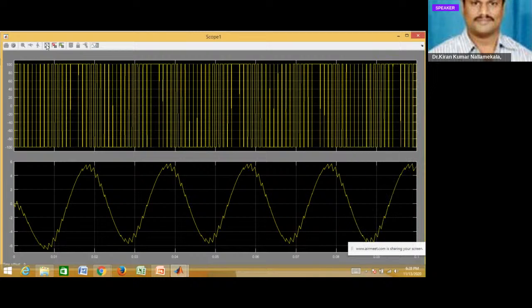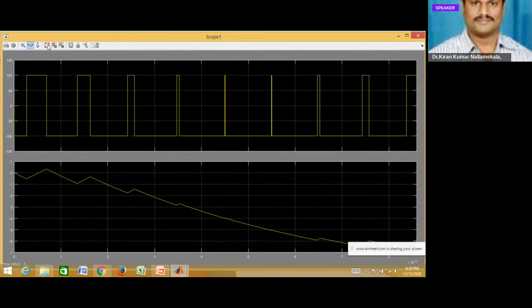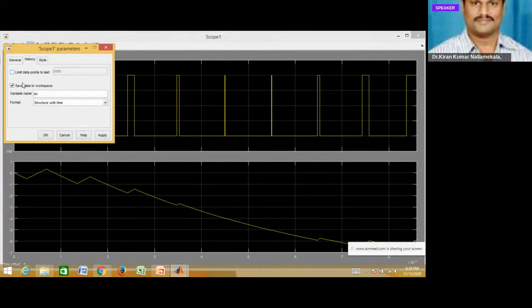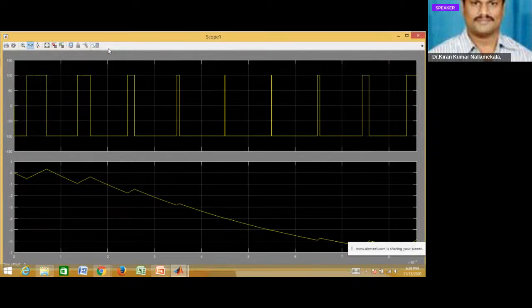This is the two-level inverter voltage waveform. Okay, so how is the voltage waveform varying? I'll take auto scale.